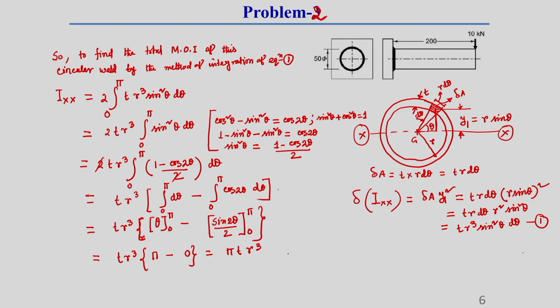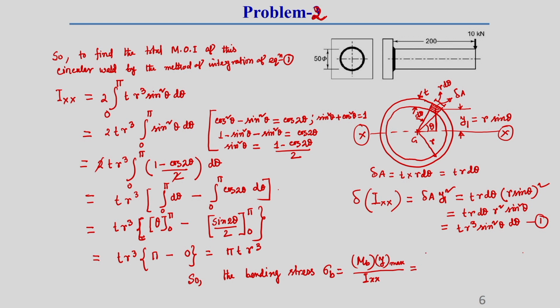So, what will be the bending stress sigma b? It will be equal to M b times y max, the maximum perpendicular distance between the x axis and this weld, which I have already shown, divided by I x x.